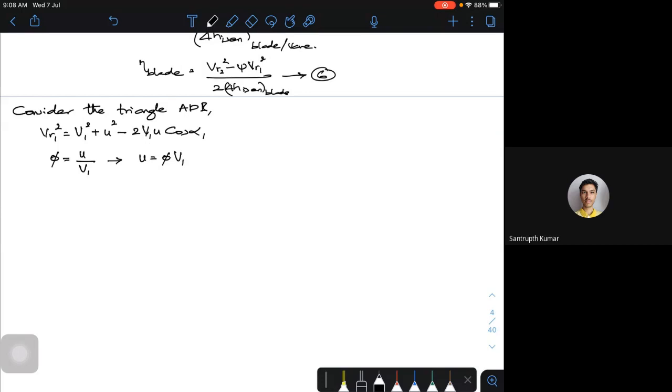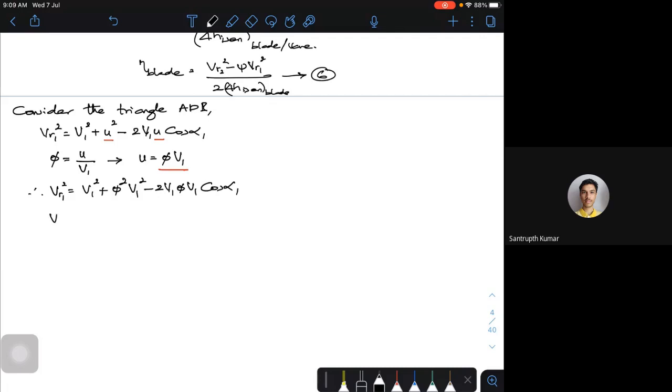Wherever you have U, I am going to substitute phi into V1. So VR1 square is equal to V1 square plus phi square into V1 square minus 2 V1 into phi into V1 into cos alpha 1.